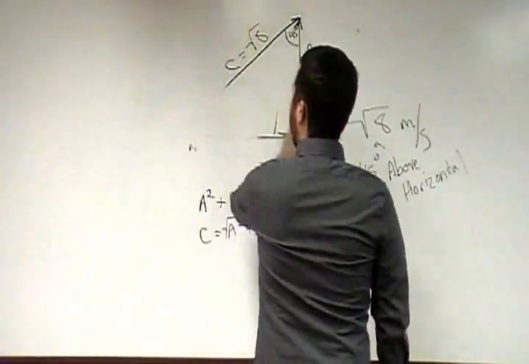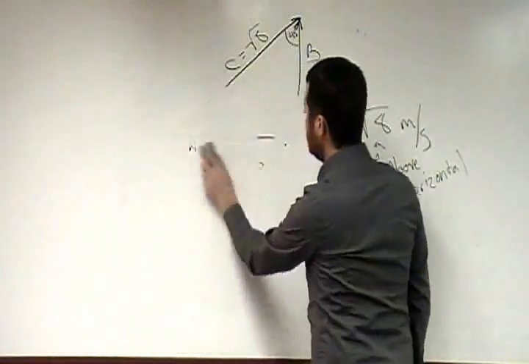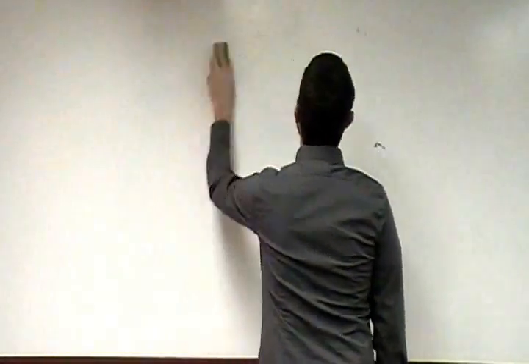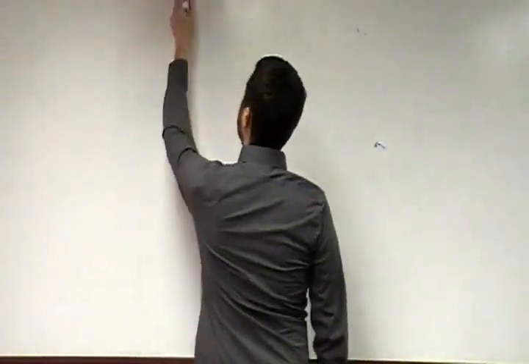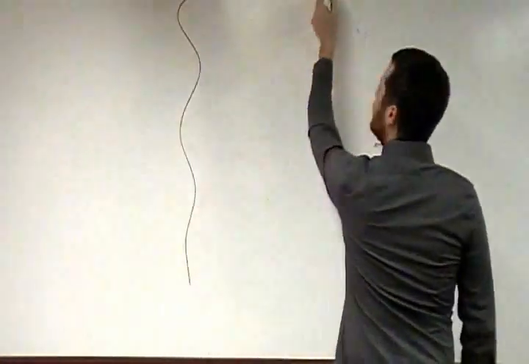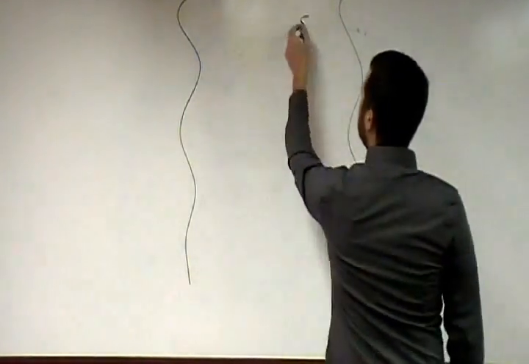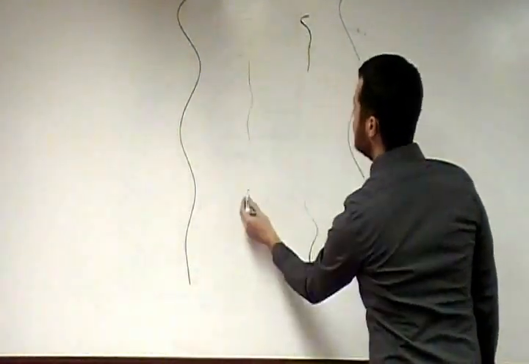So let's look at a practical application of what we just did. We'll keep it very, very simple. And we will continue to use two vectors that are perpendicular to each other. Let's say that we have a river. Okay.